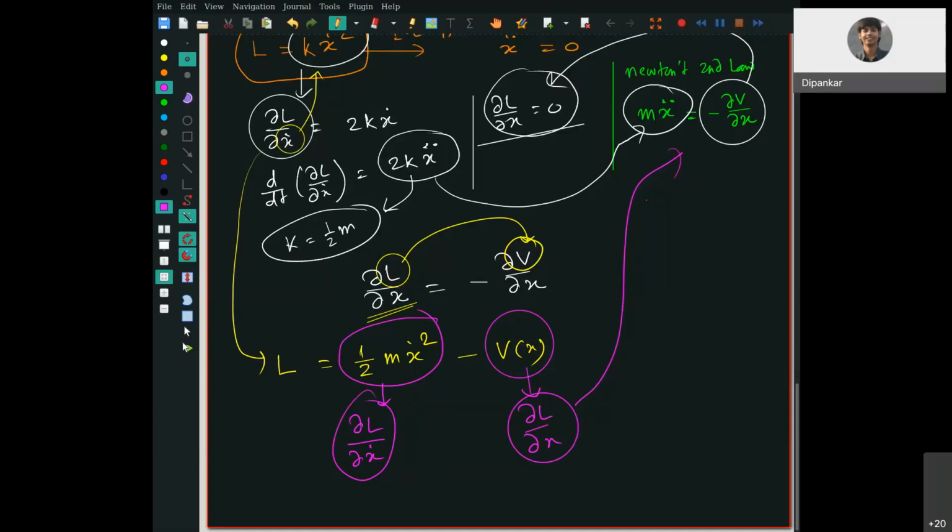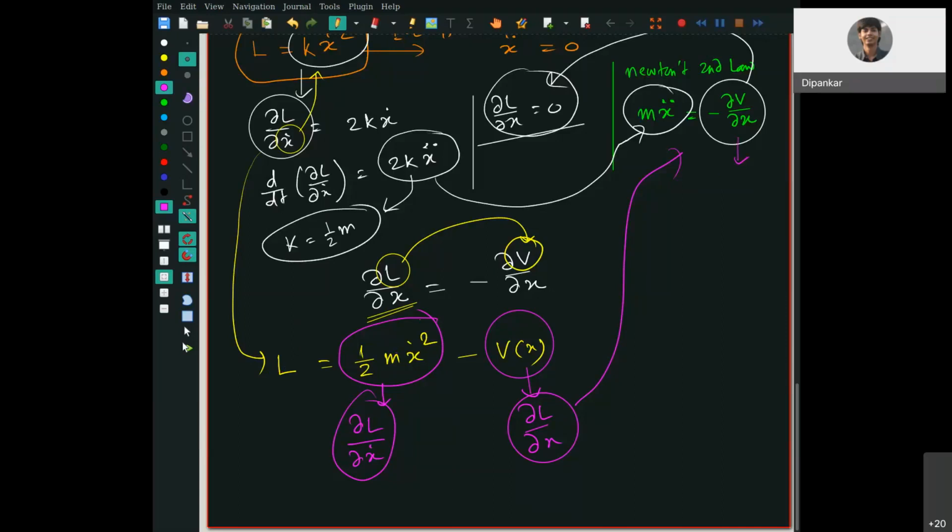Okay, you can add many different things to these, and the equation of motion will still be the same. So this is just one Lagrangian that I have guessed. Okay, and you see that this is applicable only for forces that are conservative, where you can express the force as del V del x. Okay, otherwise you cannot apply this.